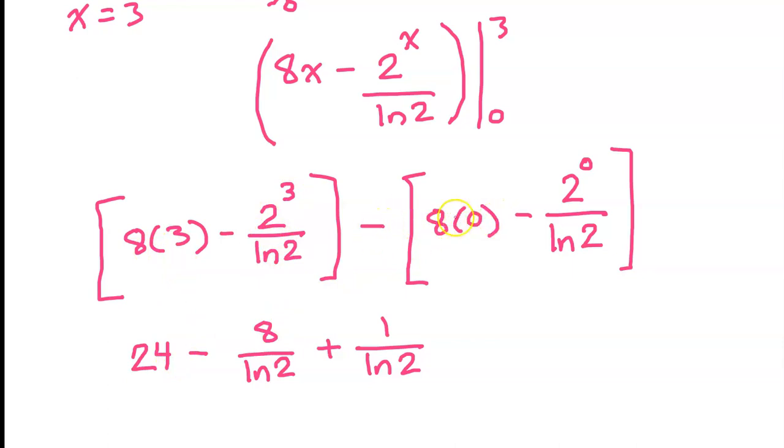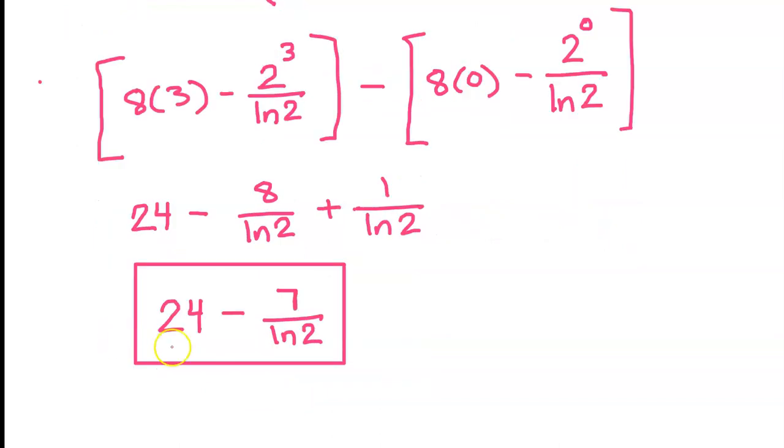Notice that we had minus a negative, which became a positive, and 2 to the 0 power is 1. These last two terms are like terms. We have a negative 8 and a positive 1, and with the like denominators. So if we combine these into 1, we get the final answer of 24 minus 7 over natural log 2.